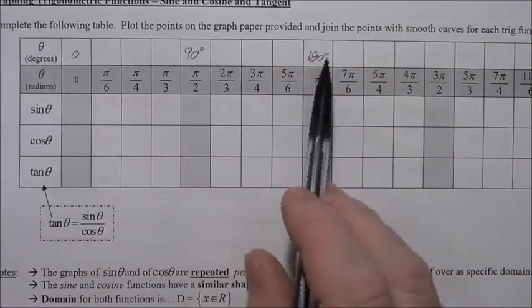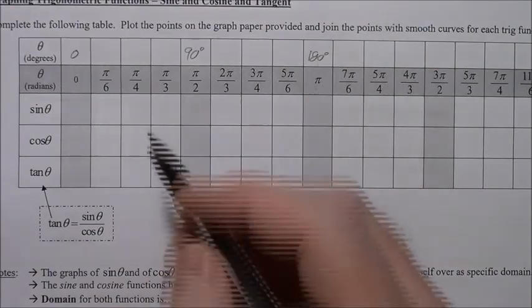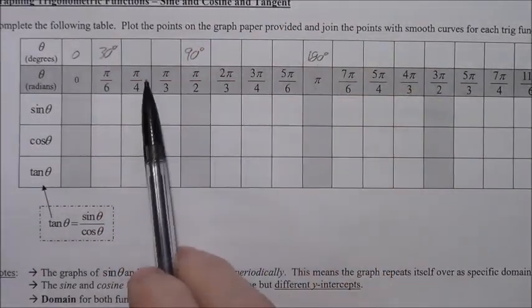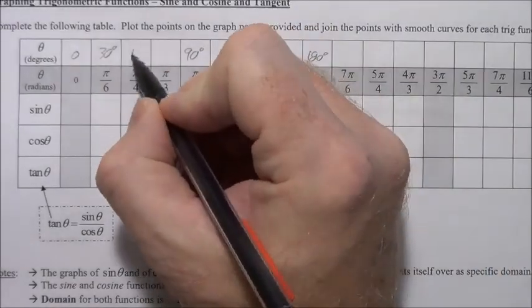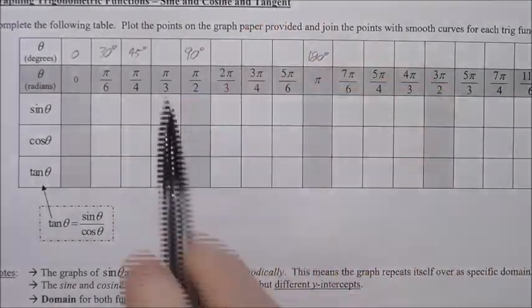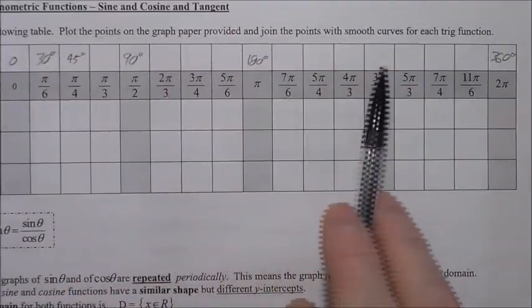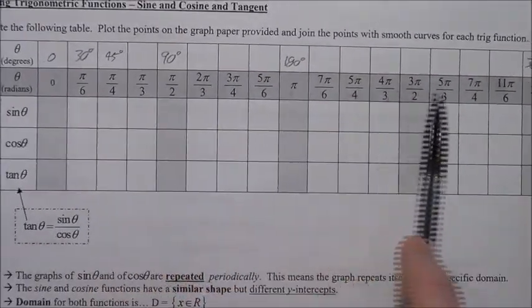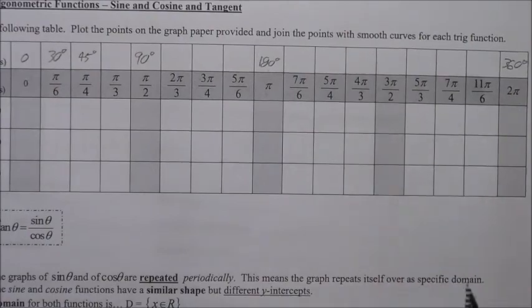Pi by 6 would be 180 divided by 6, which would then be 30 degrees. Pi by 4 is 180 divided by 4, which is 45 degrees, etc. So you can fill that out if you wish, but I'm going to be focusing on the radian measures in terms of pi for the angles.